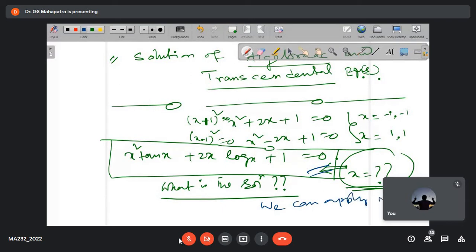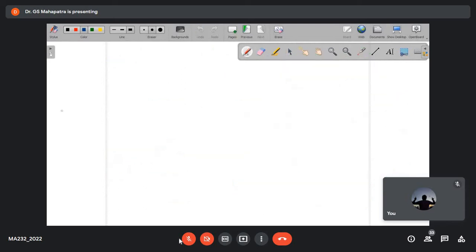What are the numerical techniques? For algebraic equations, we have a lot of techniques. First one is the bisection method. I will write the steps later on. What is the meaning of this term?